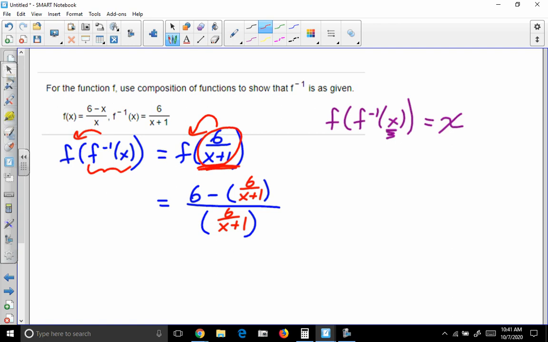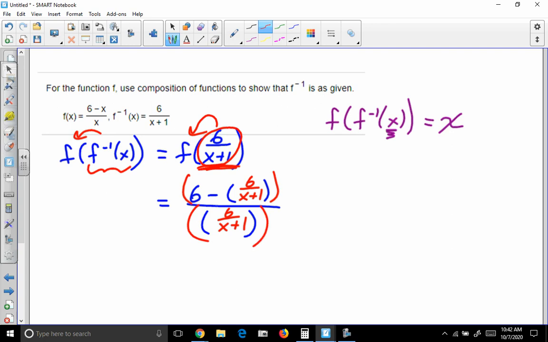Now there are a couple of different ways that we could go about doing this. Since we only have one fraction on the bottom, we could use keep, change, flip. We could take the numerator and multiply it by the reciprocal of what's on the bottom. Now, probably what they're going to describe doing, and the way they describe it is a little confusing.